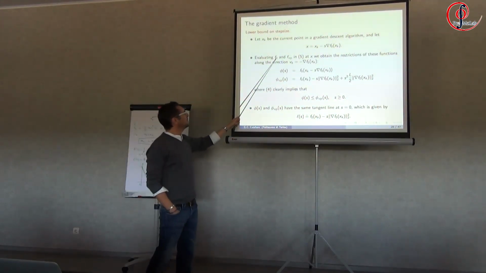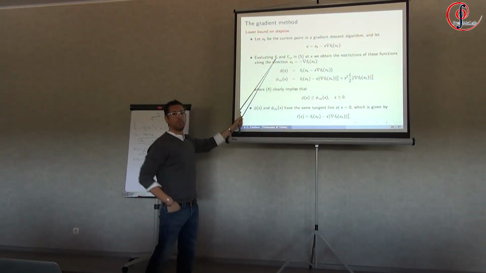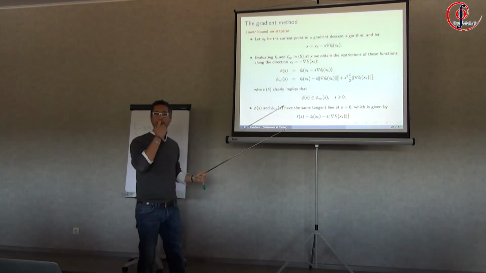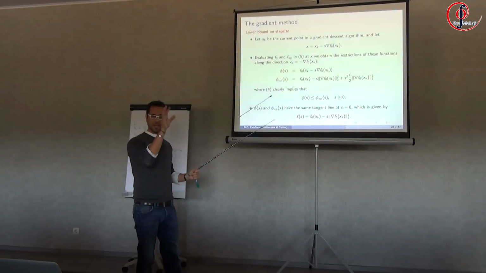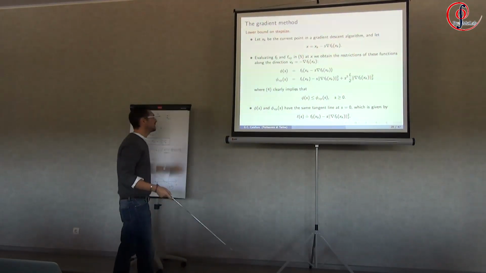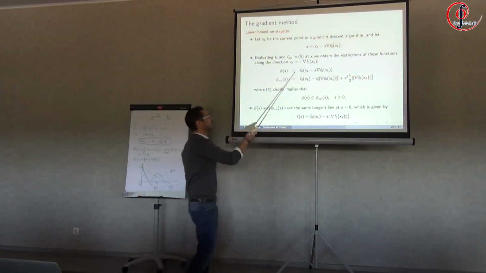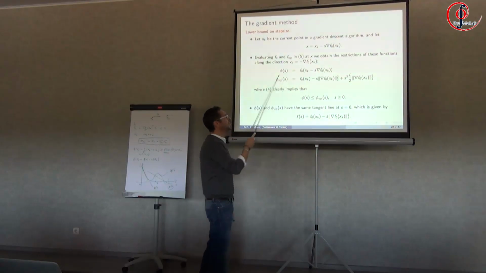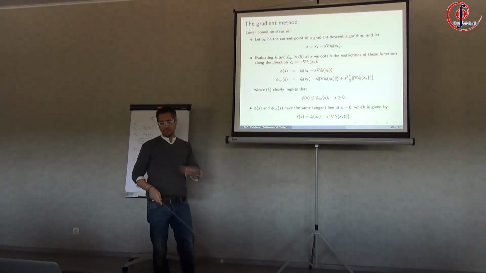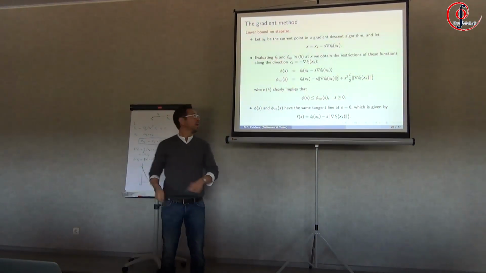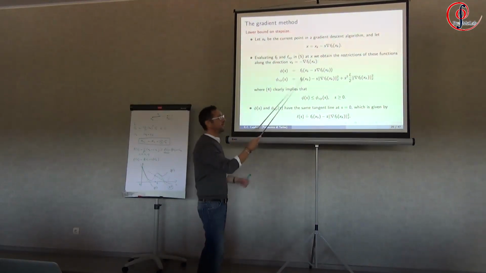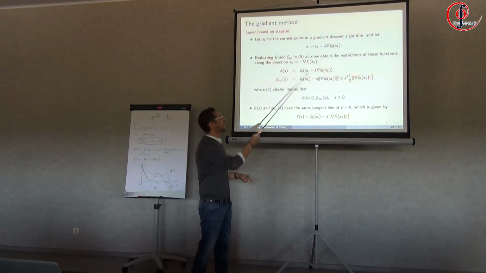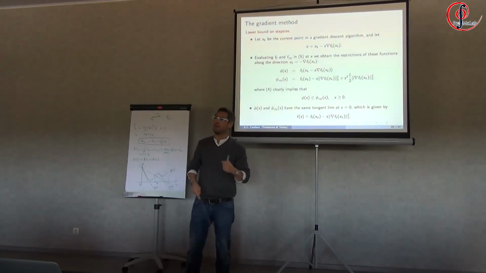So now let us consider the restriction of both our objective and its upper bound along the direction, along the line that we are working with, this line here. The restriction of f0 along this line, we called it phi of s, this one here. And the restriction of the upper bound along this line, I call it phi up of s.